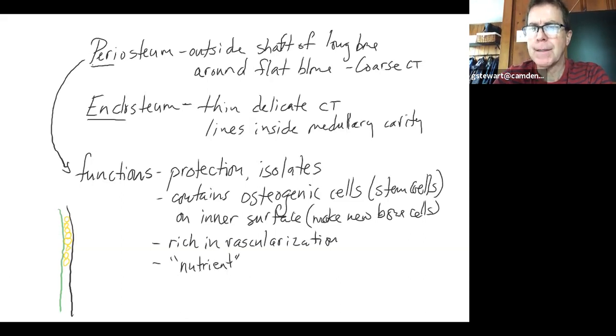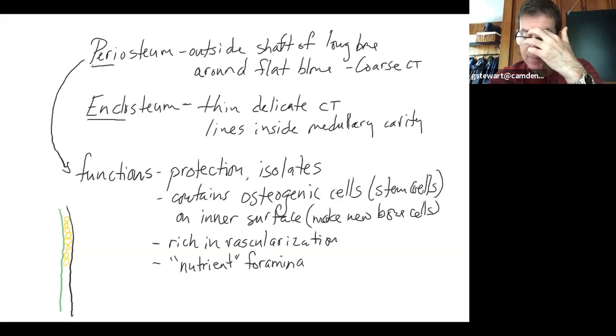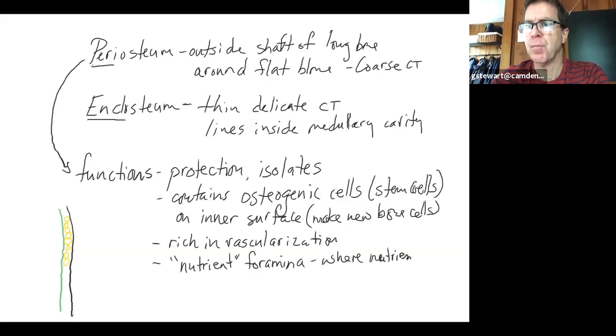Don't worry, it's not complicated, it's just new language. Foramen means hole, foramina means really small holes. So a nutrient foramina is just the place where the nutrient artery and nerves enter the bone.